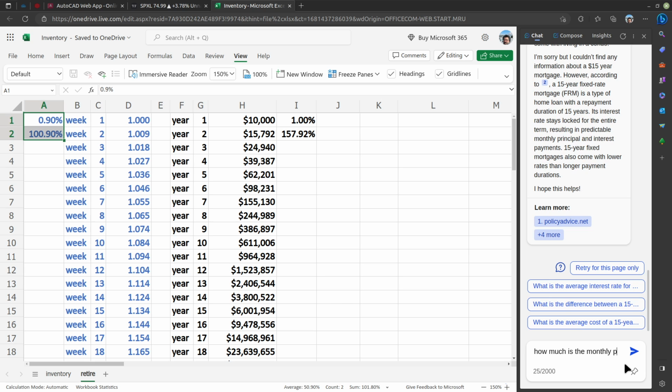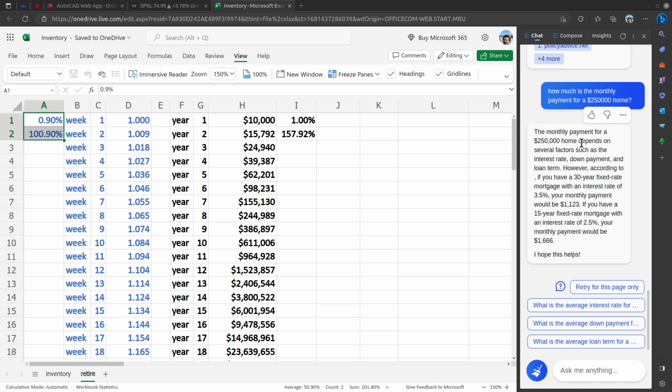The monthly payment for a 250 home depends on several factors. So 15 year is this much, 1,666.